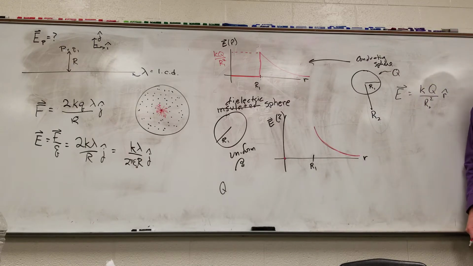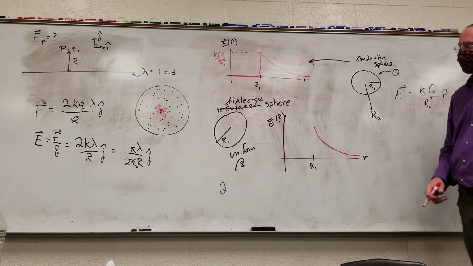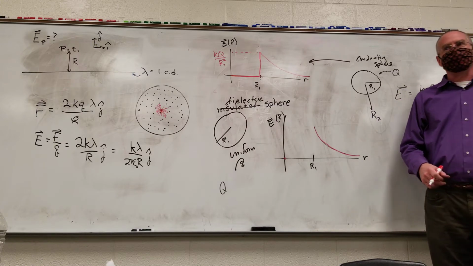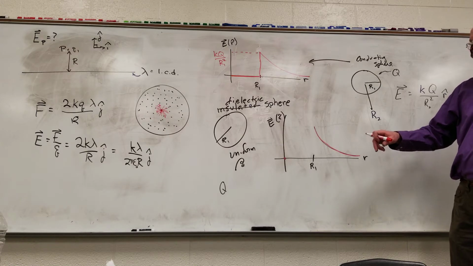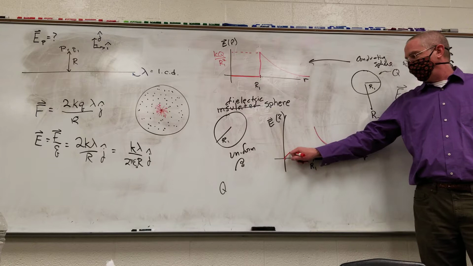The question is, what happens as we get farther and farther out? We actually derived this in the first semester course for gravitational field, or for gravitational force. And it's actually linear.